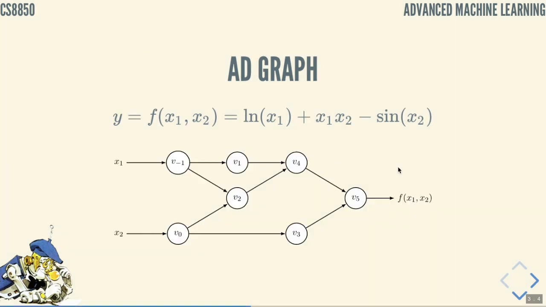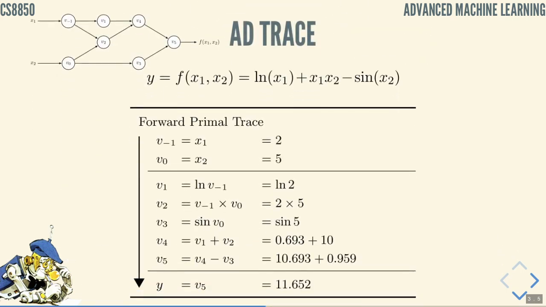Okay, now memorize that computational graph. Well, just kidding. So let's see what happens once again. Imagine x1 is 2, x2 is 5. We pass these values into here. They are obtained and stored in some intermediate register v minus 1 and v sub 0. Then v1 is our log. We can compute it and store it.